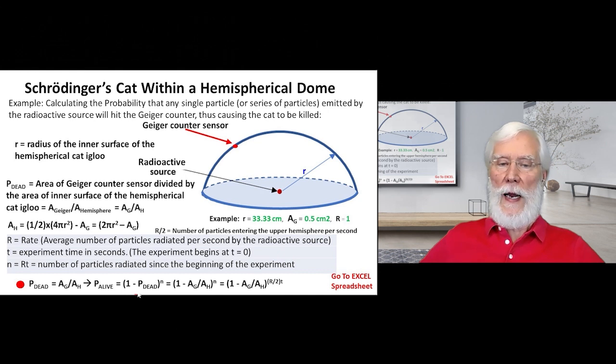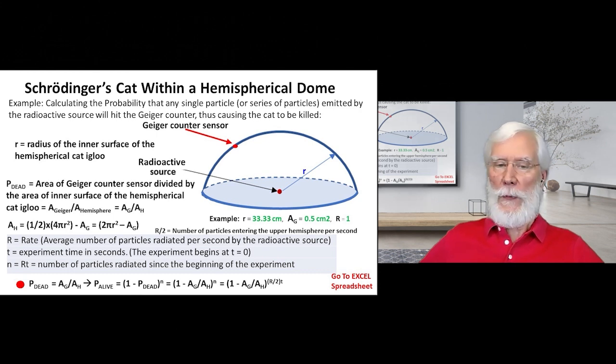Now, I'm going to fire my second particle out. If my second particle also misses the Geiger counter and hits someplace else in the hemisphere, then it's going to be 1 minus P dead times 1 minus P dead. Those two probabilities multiply because it missed the cat on the first particle and it missed the cat on the second particle.